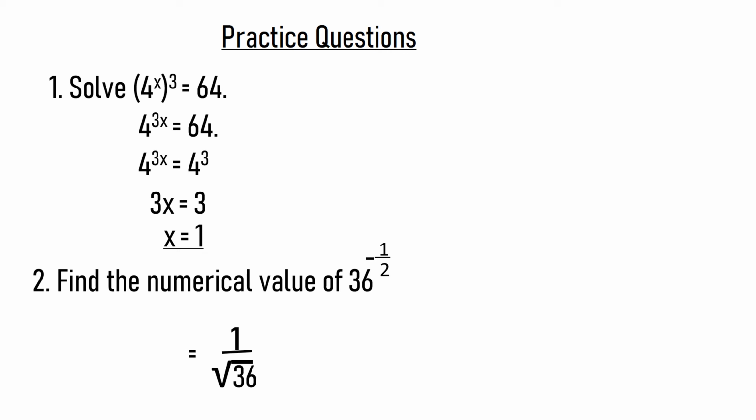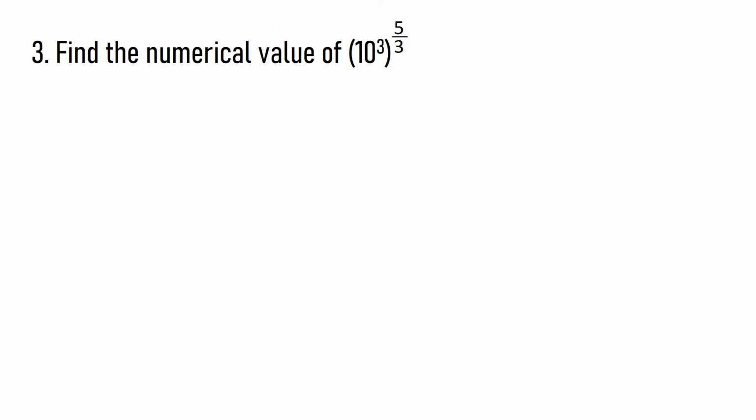But whenever we have a negative power, it means taking the reciprocal and the power becomes positive. So we have 1 over the square root of 36. Square root of 36 is 6. So this simplifies to 1 over 6, which becomes our answer.